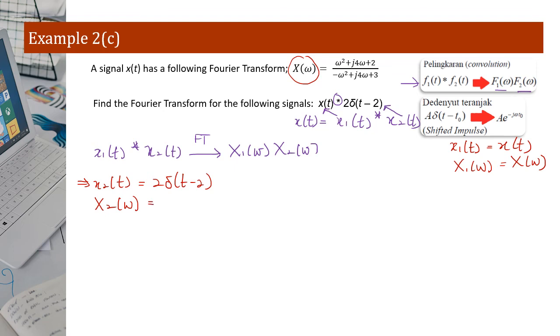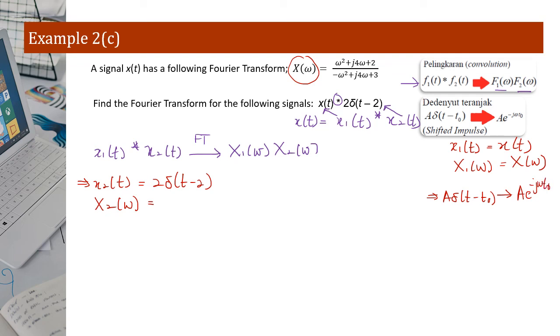When you refer to the table, when you have the shifted impulse, A delta(t-t naught), it will produce A e to the minus j omega t naught.